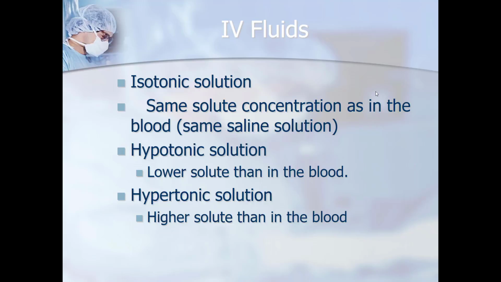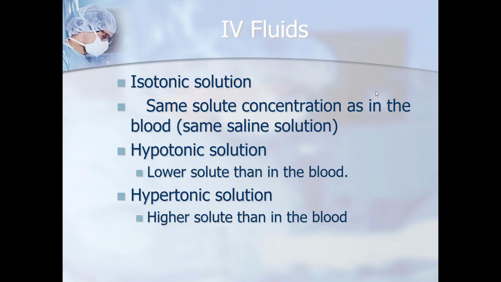So if somebody is low blood pressure and you gave them an IV of hypotonic solution, that would take the fluid out of the blood and they would probably diminish and have a lower blood pressure. So an example of this is half normal saline, quarter normal saline. So hypotonic, think of it as it takes away, and that's what that's doing.